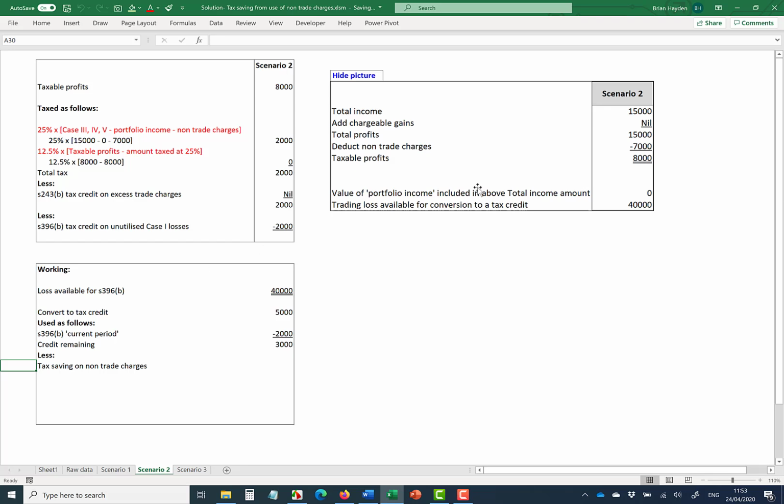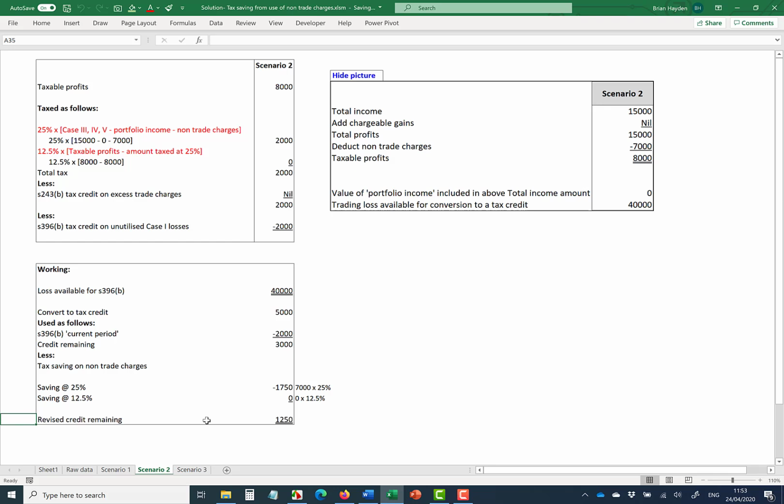So this time, the non-trade charges of 7,000, they were used to reduce income which was taxed at 25%. Okay, so the saving at 25% was essentially 7,000. Okay, all the non-trade charges went against 25% income. So 25% of 7,000, and nothing was used against 12.5% income.